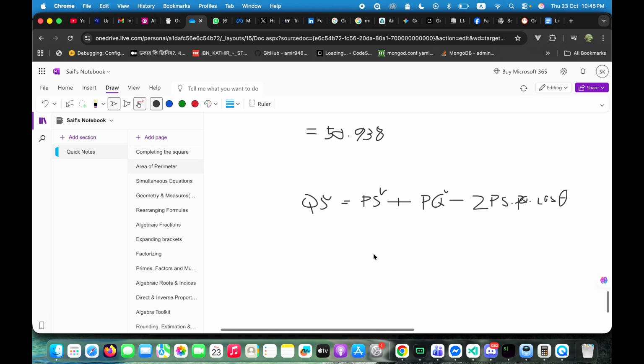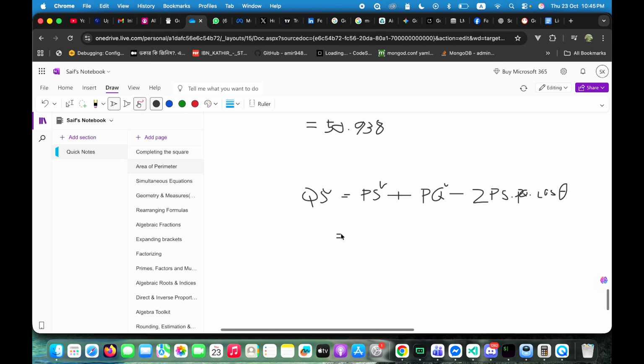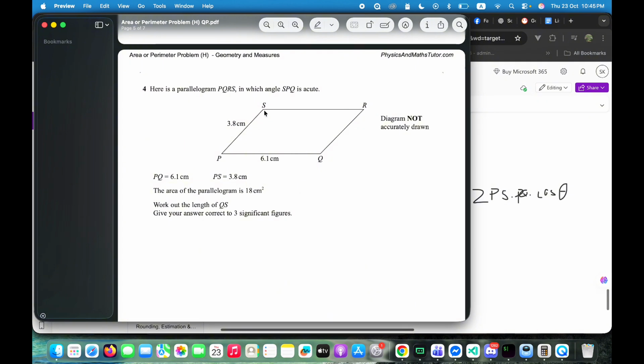So if I implement the values, we get what? PS is given as 3.8 and PQ is 6.1.